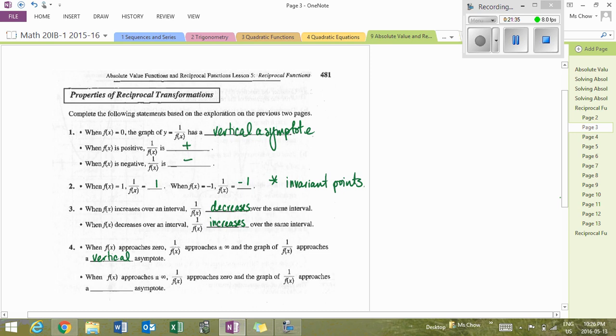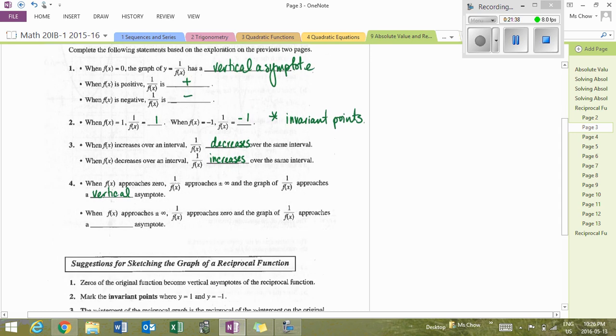And similarly, when the value of your function approaches positive or negative infinity, then the reciprocal function approaches 0, and the graph of the reciprocal approaches a horizontal asymptote.